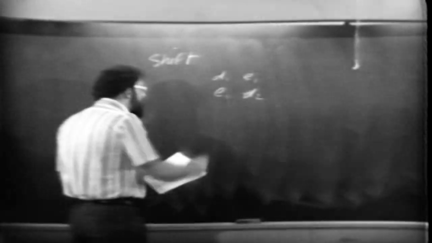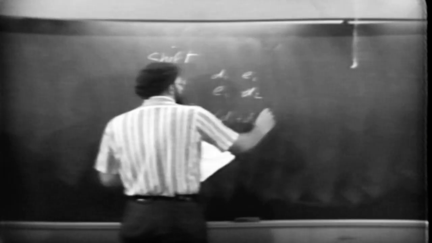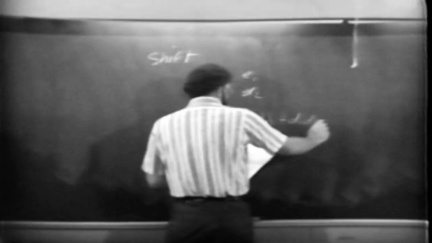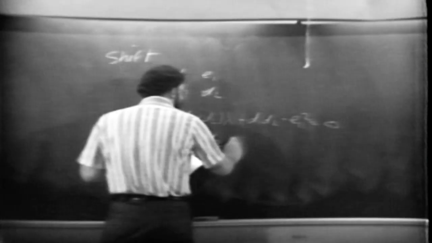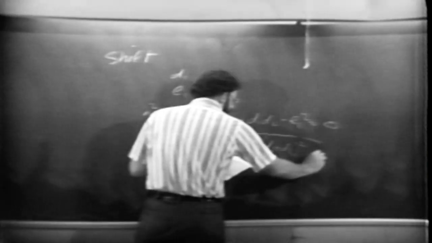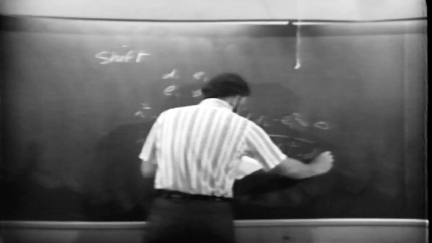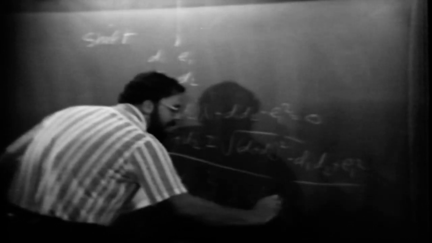The naive approach would be to take this little 2 by 2 eigenvalue problem, lambda squared minus (d1 plus d2) lambda plus d1 d2 minus e1 squared equal to 0, and say that lambda is (d1 plus d2) plus or minus the square root of (d1 plus d2) squared minus 4(d1 d2 minus e1 squared), over 2, and then choose plus or minus to get lambda closest to d1.